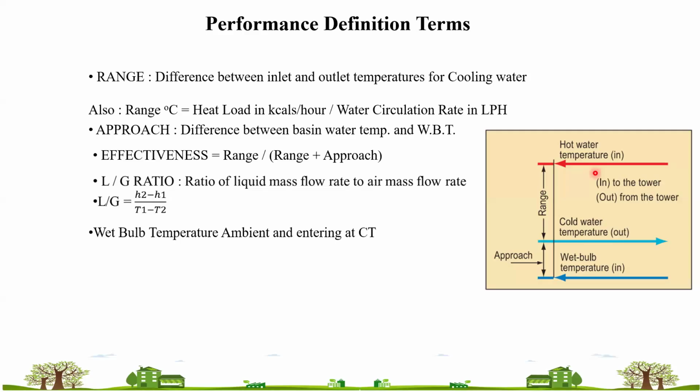That refrigerant heat is again transferred to the condenser, which is provided with cooling water, meaning cooling tower water. So the heat absorbed by the refrigerant is transferred to the condenser, and that's how the cycle performs.